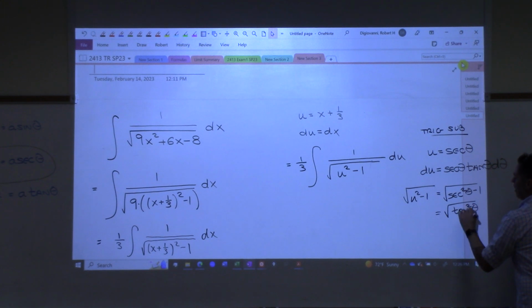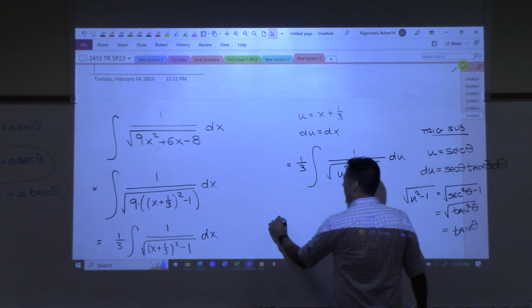If you do enough of these, you get to a point where you don't have to do this every time. You just start to remember that every time you do that substitution, this happens. It takes a while, but you get to it.